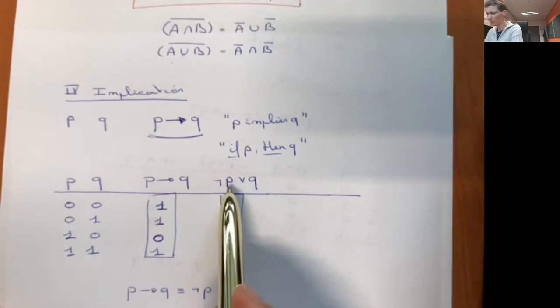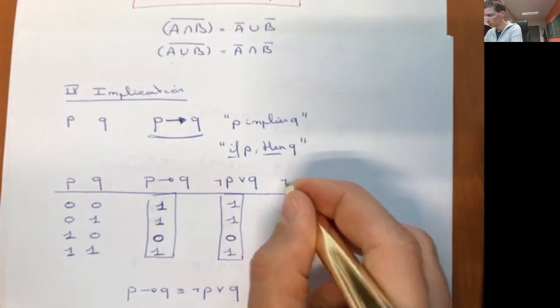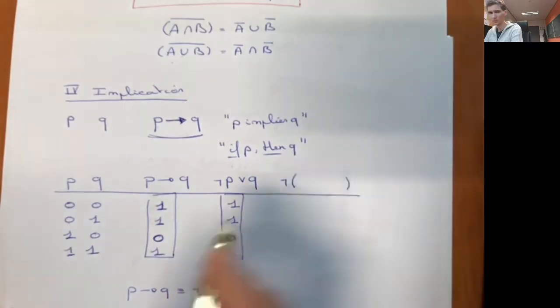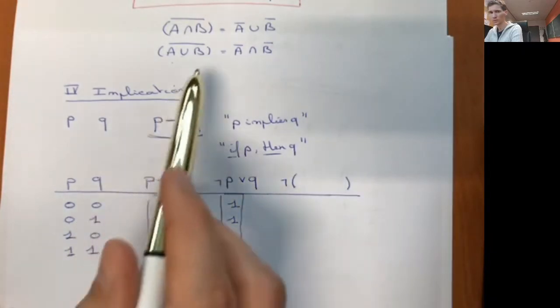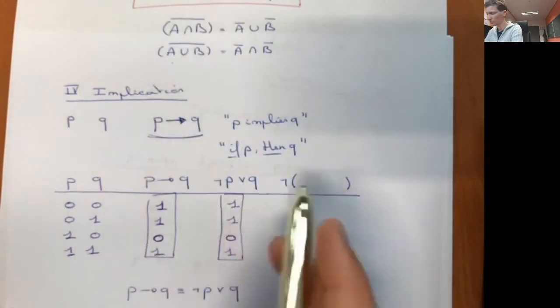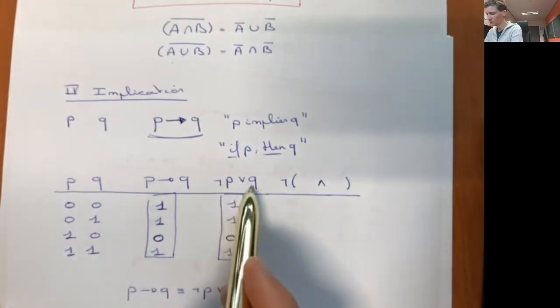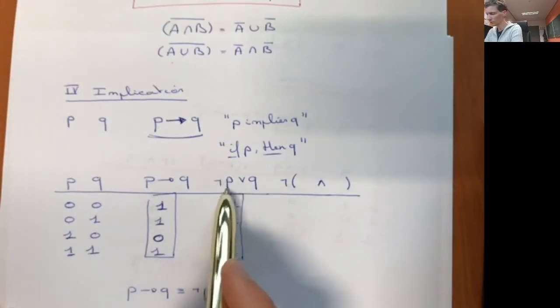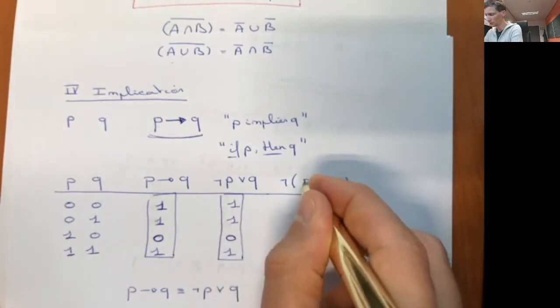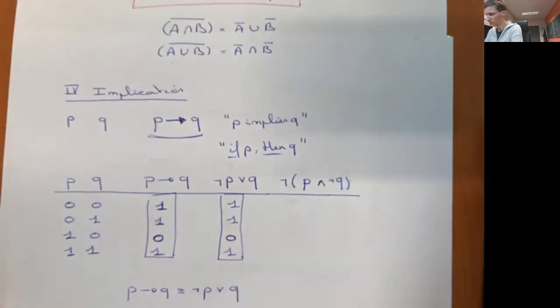And we can write this third formula in a different way. So we can try to take the negation outside. So what do we need to do? Well, we look back at De Morgan's laws. If you take the negation outside, we have to change the OR into an AND. And we have to negate each of these two formulas. So negating negative P gives you negative negative P. So this is P, and negating Q gives you negative Q. Right?